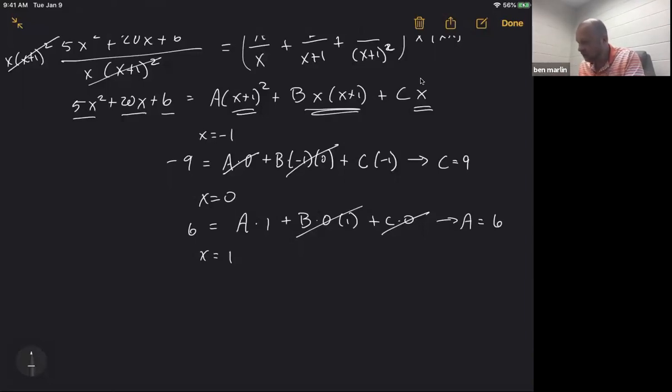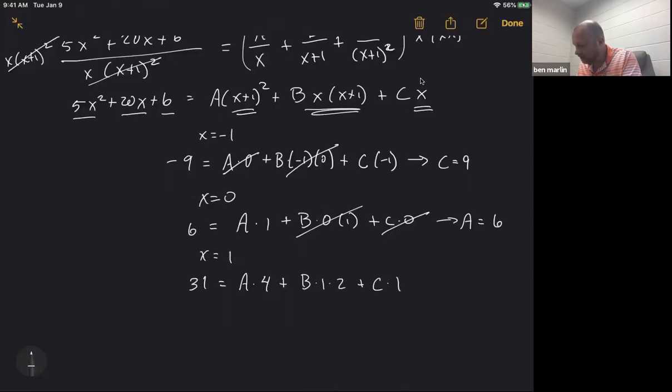And of course, on the left-hand side, you end up with 31. And then on the right-hand side, you have an A times 1 plus 1 is 2. 2 squared is 4. And then B times, and you've got a 1, and 1 plus 1 is 2. And plus C times the 1. Okay? Now, fortunately, we know some of these values.